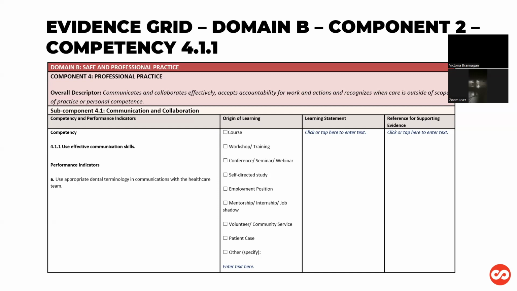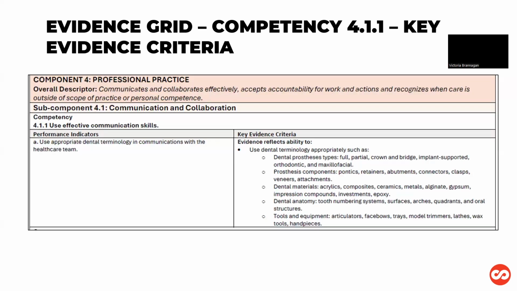This is just to help you start connecting your experience with the competency and the types of evidence you might use. And as we've told you from the beginning, the first thing you need to do is to review the guide, the competency. In this case, use effective communication skills. That's the competency the evaluator will be looking for.